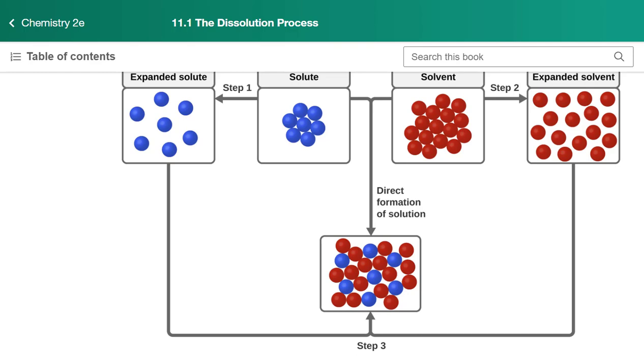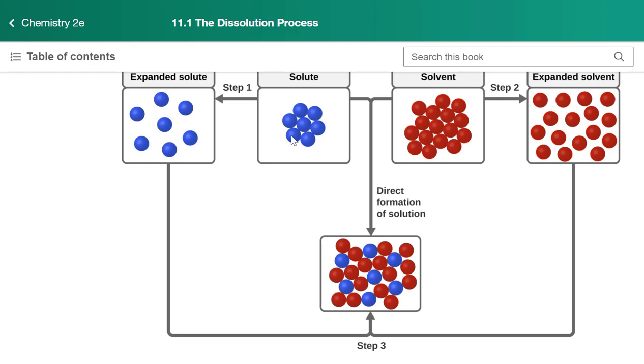It could be a reversal of what already happened. In order for that to be true, though, you have to look at, do they have similar intermolecular forces? If their intermolecular forces are similar, then this will be favorable. If they have different types of intermolecular forces, then this will not be favorable.